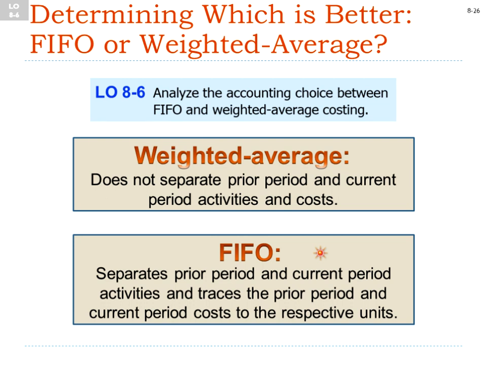You're keeping the costs straight in terms of which period they were incurred in. So maybe you could say that FIFO is a little bit more accurate, but probably costs more and is more labor intensive. Whereas weighted average is a little bit simpler and probably easier to do as well. Again, each accounting choice is going to have its positives and its negatives.